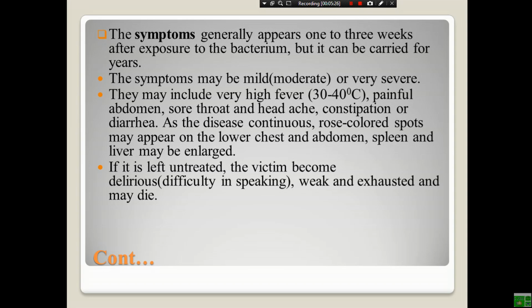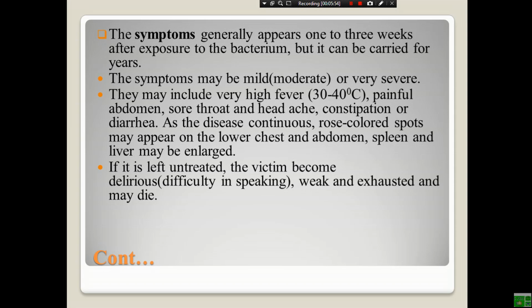sore throat, headache, constipation, or diarrhea. As the disease continues, rose-colored spots may appear on the lower chest and abdomen. The spleen and liver may be enlarged, which means enlargement of the spleen and the liver.